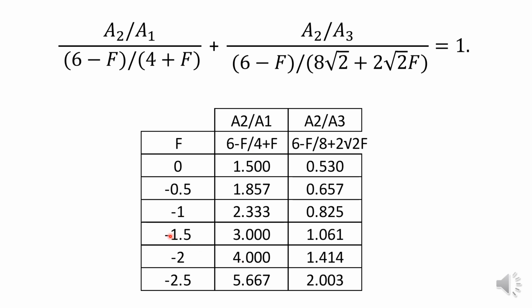If you went down to -1.5, again the denominator here would be smaller, and the denominator here would be smaller. So this would be a more restrictive choice of values. So here the a2 over a3 is restricted to 1.06.